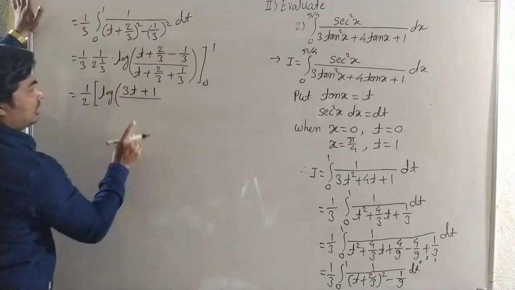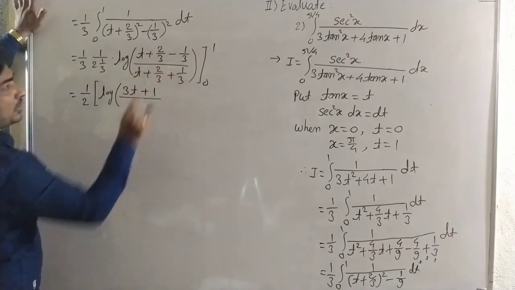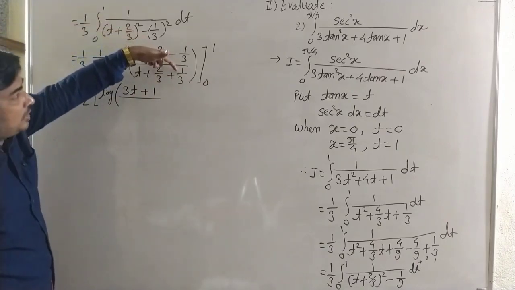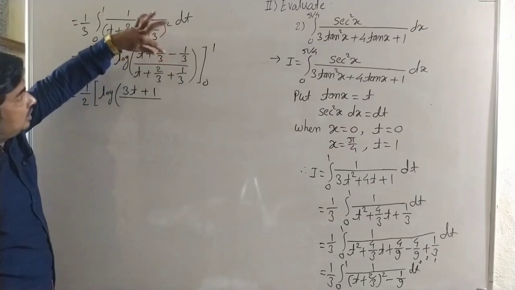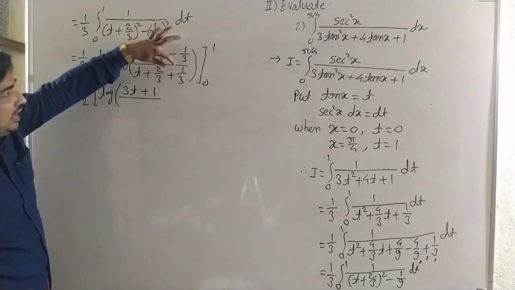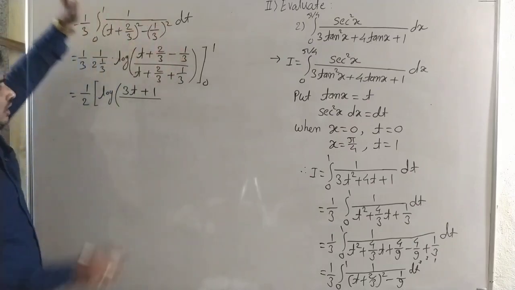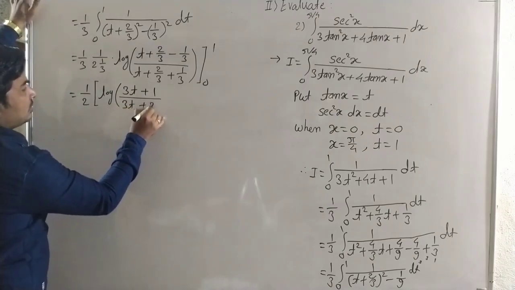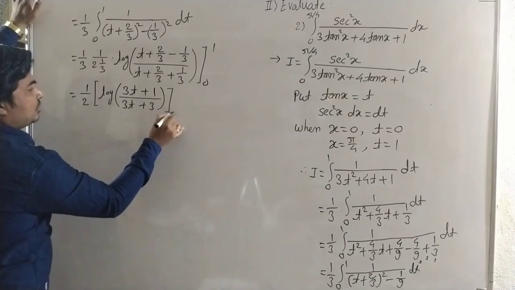In the denominator again 3t plus 2 plus 1, it is 3, and 3 upon 3 is 1, and we multiply by 3, so we can write here 3t plus 3, and limit 0 to 1.